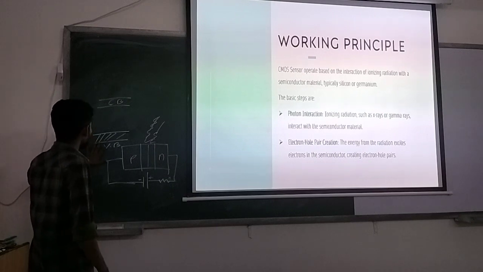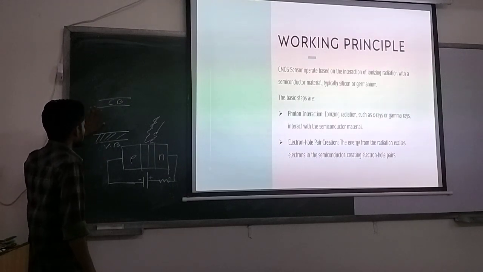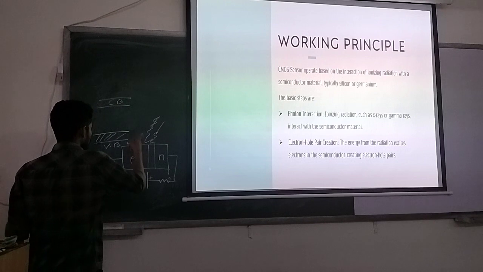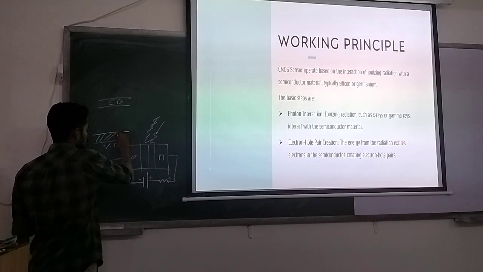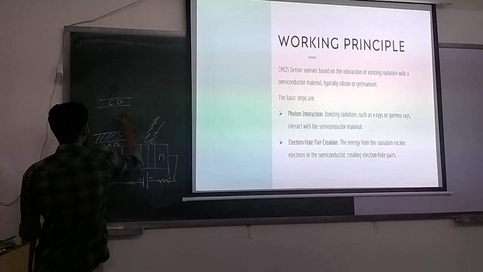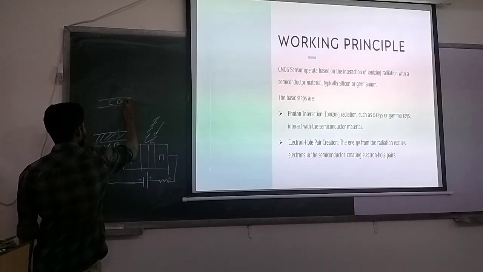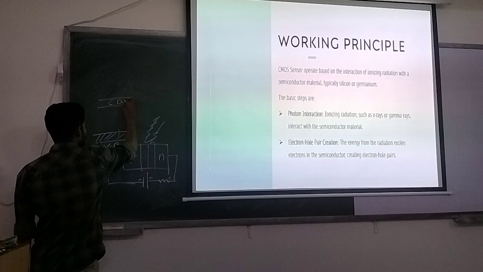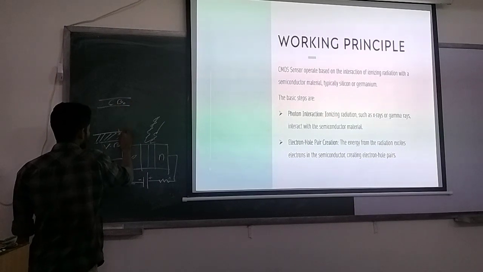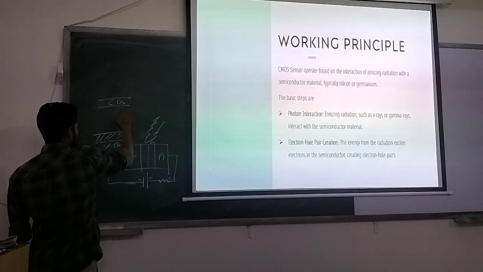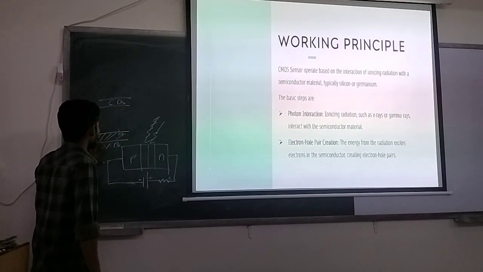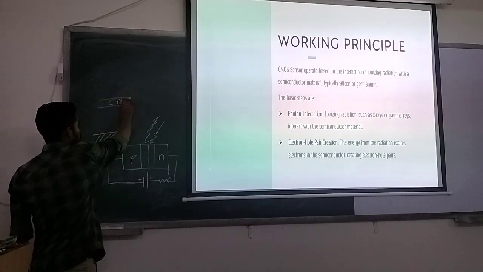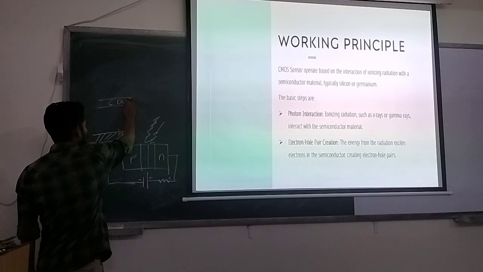The valence band is completely filled with electrons, and the conduction band is empty. When ionization is incident on the depletion layer, an electron gets sufficient energy to jump from the valence band to the conduction band. Then an electron is available in the conduction band, and a hole is created in the valence band. So an electron and hole pair is created in this process, and in the conduction band we get a large number of electrons.